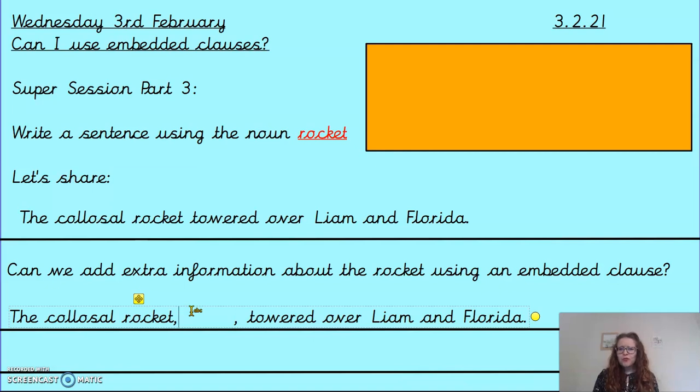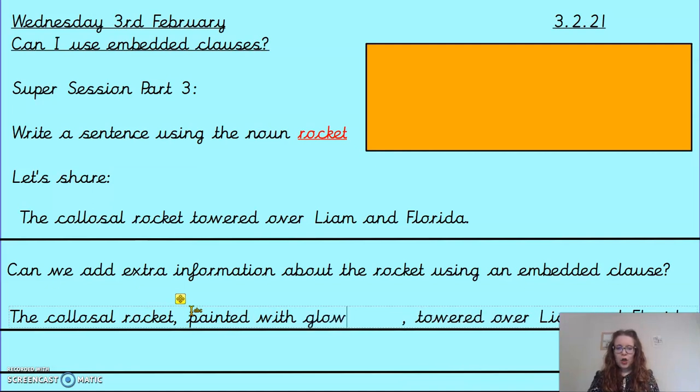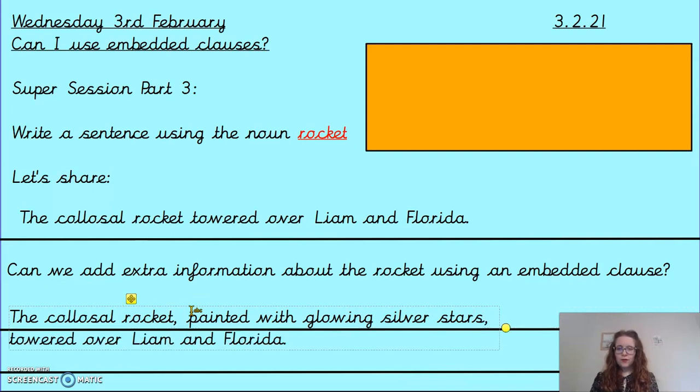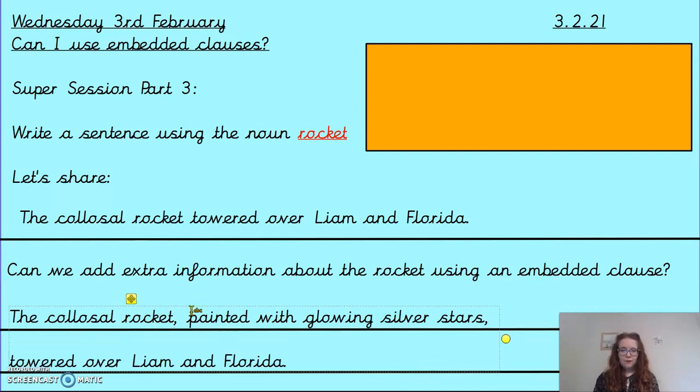The colossal rocket, painted with glowing silver stars, towered over Liam and Florida. So I've got the colossal rocket painted with glowing silver stars, towered over Liam and Florida.